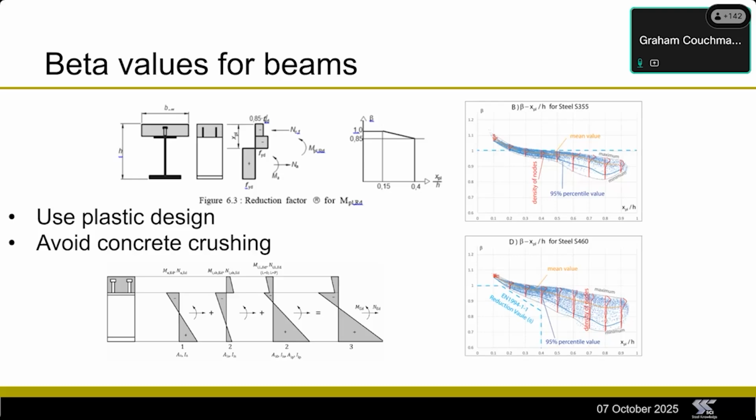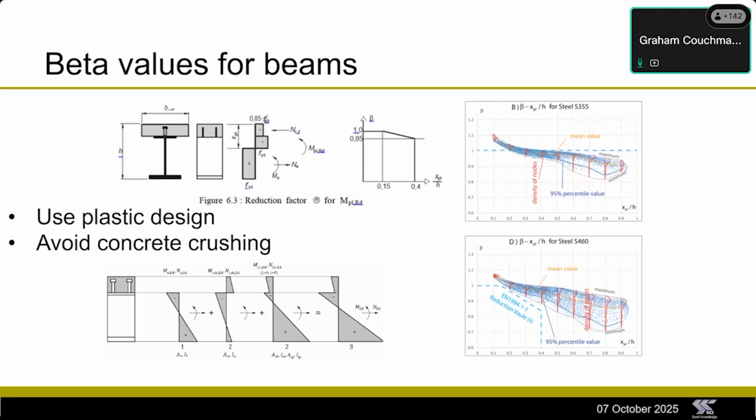Looking at the bottom left series of strain diagrams, if you've got a neutral axis that's low down, you're going to have to get a lot of curvature before you can fully yield the steel. And by the time you've got sufficient curvature to yield the steel to justify its plastic resistance, you might have crushed the upper fibres of the concrete.